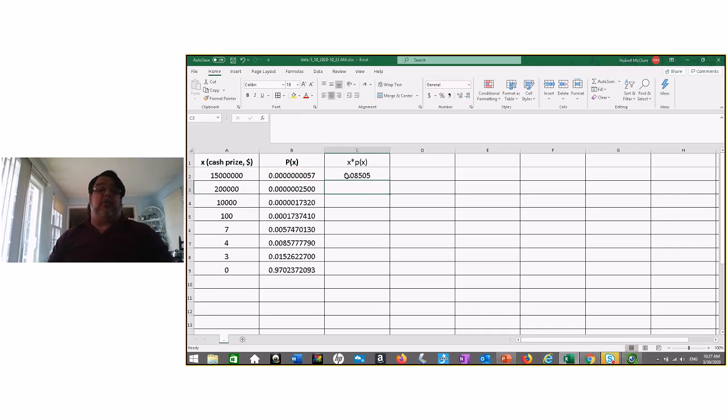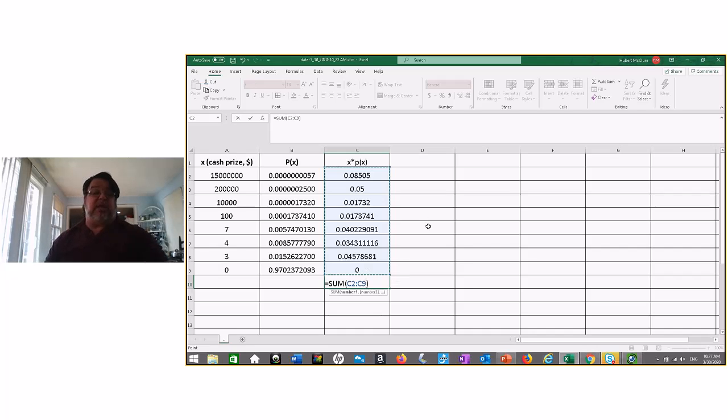And copy that down and add it up. And that's your mean. I don't know why the question couldn't just say that. Now, the difference in that and the expected value is just based on you win or you don't win.